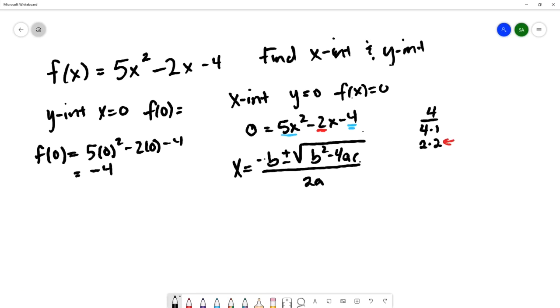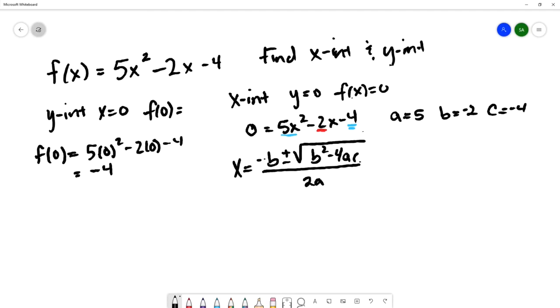And I'm going to use the values of a, b, and c in this formula. A is always the coefficient of the squared term. So for this example, a is 5. B is the coefficient of the x term. So b is -2. And c is the constant, which is -4.